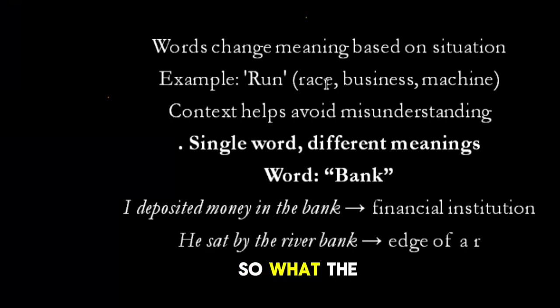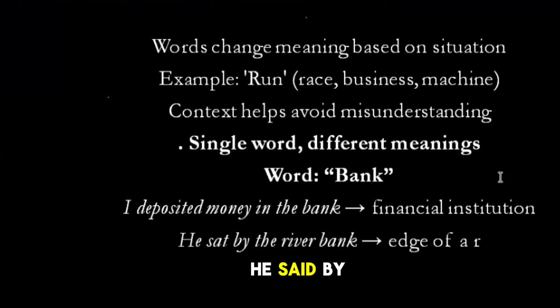Whenever the speaker uses the words, according to the context, we get the speaker's intended meaning, or which bank the speaker is referring to. The first one, as I have mentioned, is I deposited money in the bank, a financial institution.